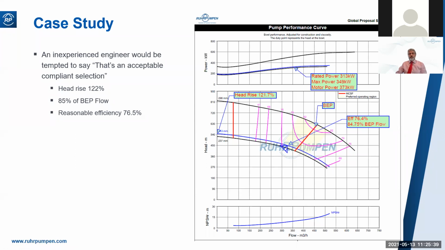So at first glance, to an inexperienced engineer, it looks like an okay compliant selection. Head rise about 122%, 85% of BEP flow, and it's a reasonable efficiency at 76%. So he would be tempted to say, yeah, that's acceptable, that's an okay selection. But he or she would be wrong.